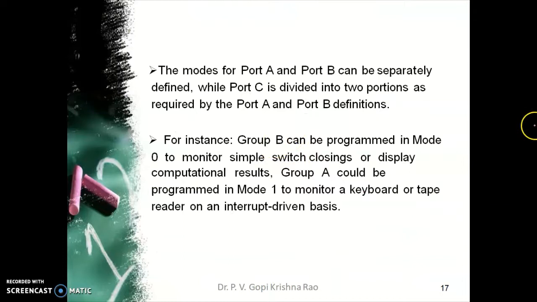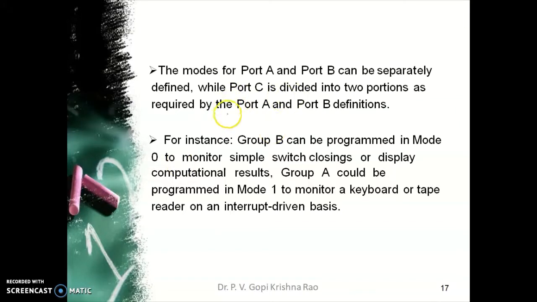So modes for port A and port B can be defined separately. Port C is divided into 2 portions as required for port A and port B. So port C is divided into port C lower and port C upper.